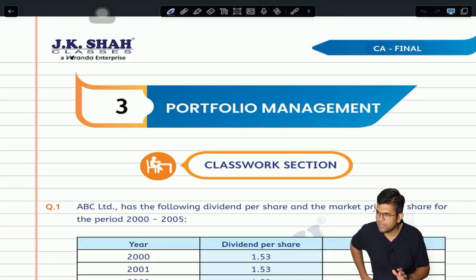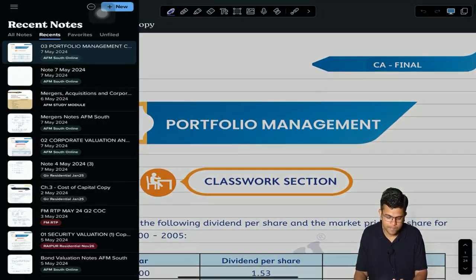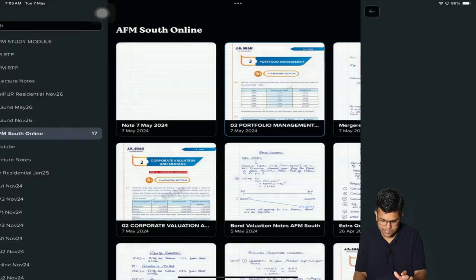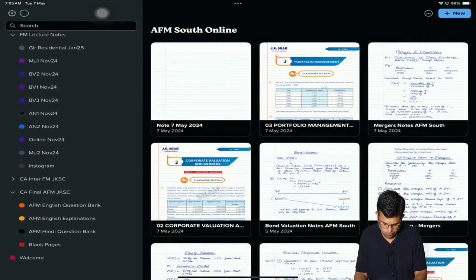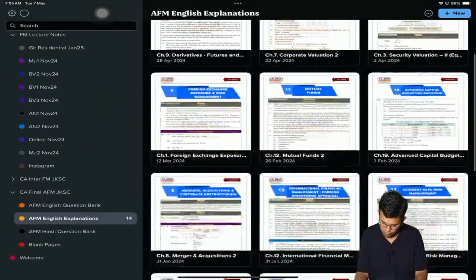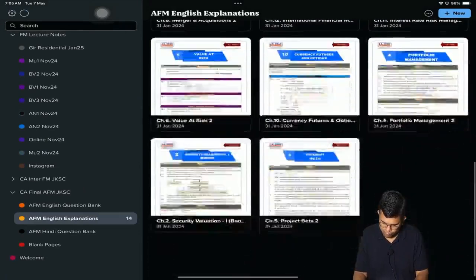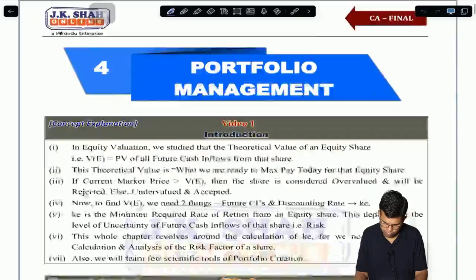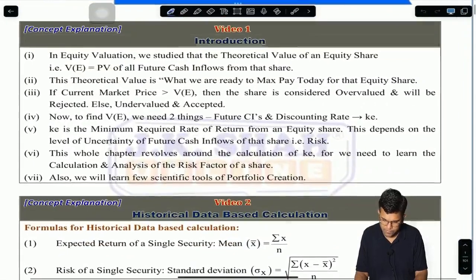What I have told you now, I've written it down. So just write down the introduction in your notebooks, something I'm giving you. Write down the introduction, please. Please write this down.